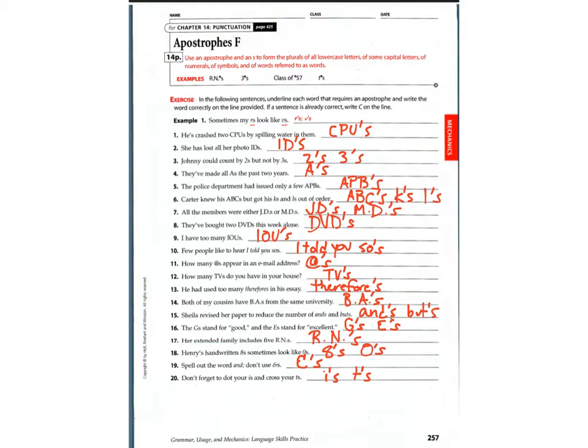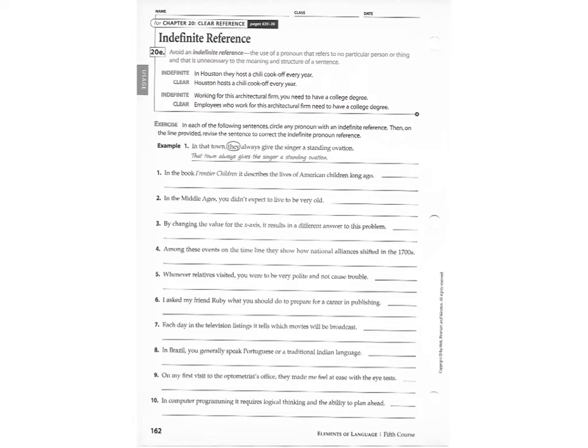Now for our next activity, we're just going to do a little review of indefinite pronoun reference. For most of these, what we can do is find the indefinite pronoun, take it out, and replace it with a noun.